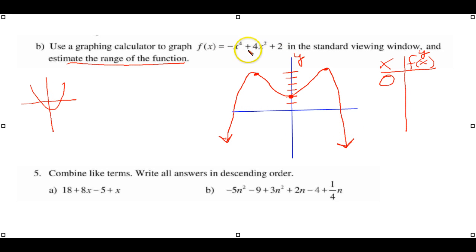Now, if x is 0, just to do 1 point, this would be 0, this would be 0. Y, which we said we could substitute for this, would be 2. And that's where we get this point here. So, estimating, what is the range? Well, this is coming up from negative infinity here, as it is from this side as well.